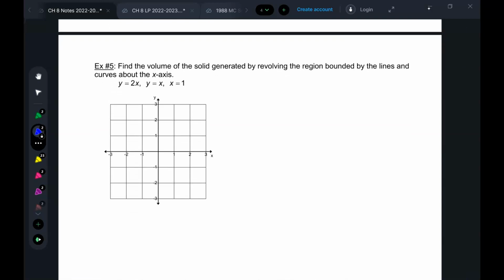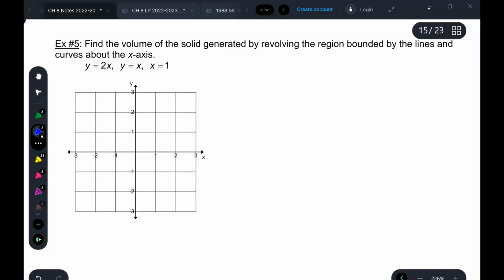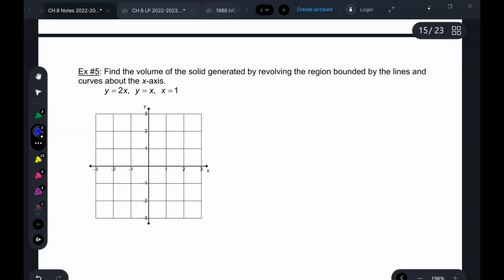Okay, volumes. So let's go ahead and graph. It says y equals 2x. This line might be better. y equals x. And x equals 1.